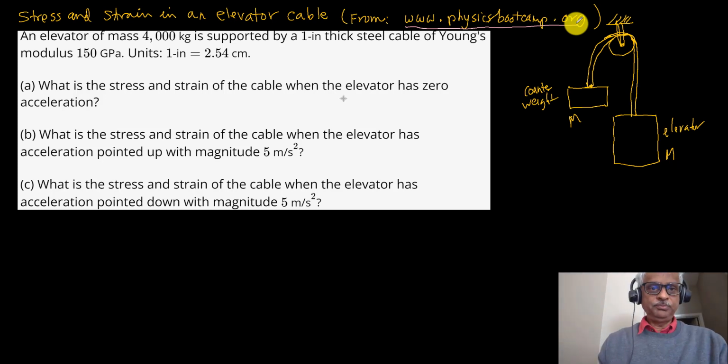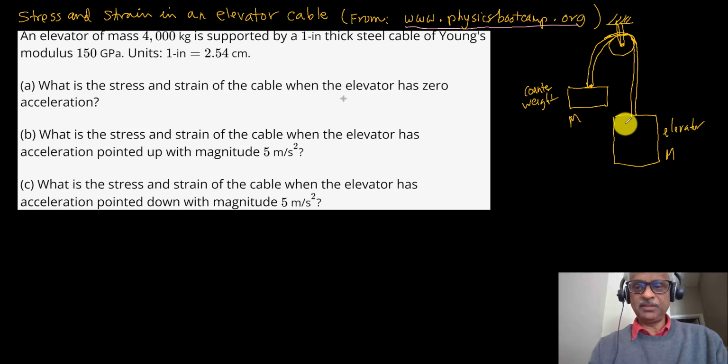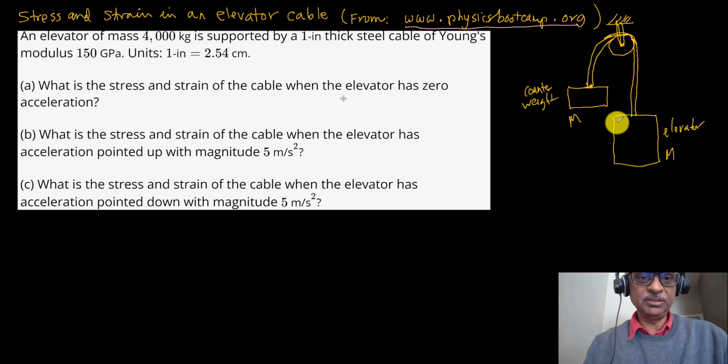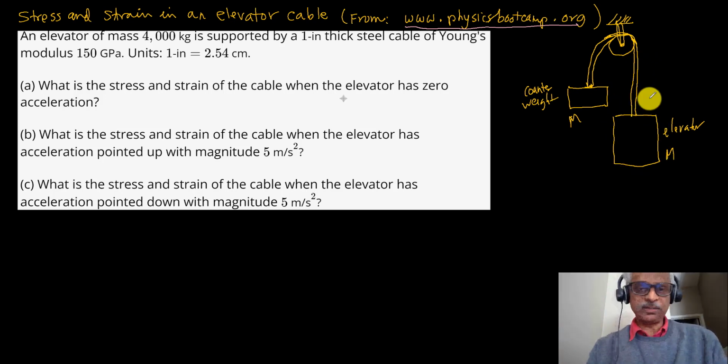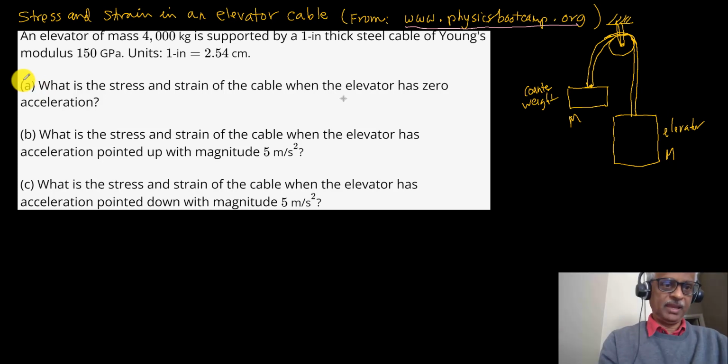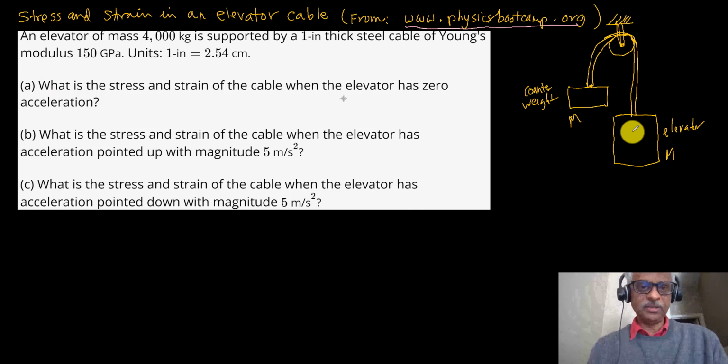Okay, so we have a situation where we have an elevator and counterweight. This is how the elevator is maintained in its position. It's going nowhere. In part A, there is no acceleration.